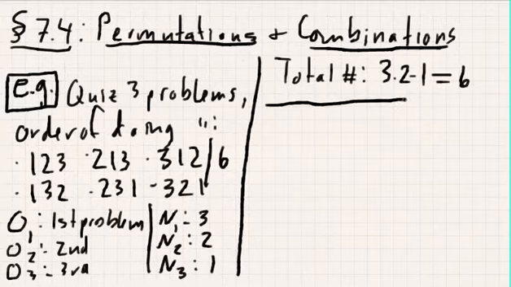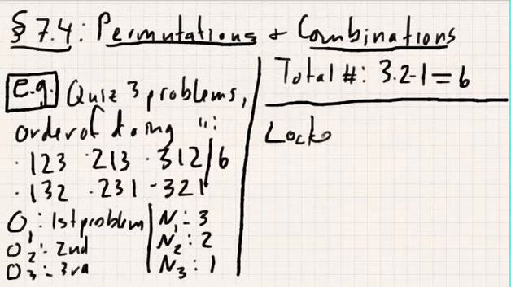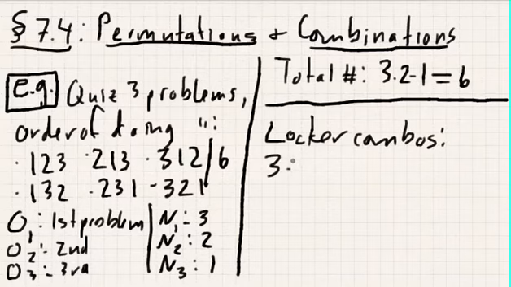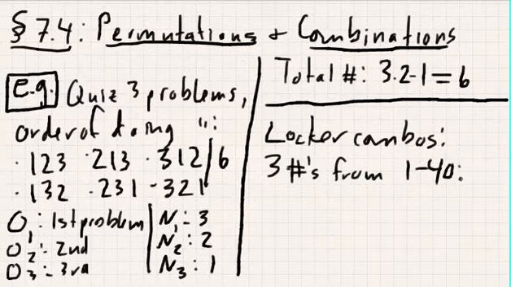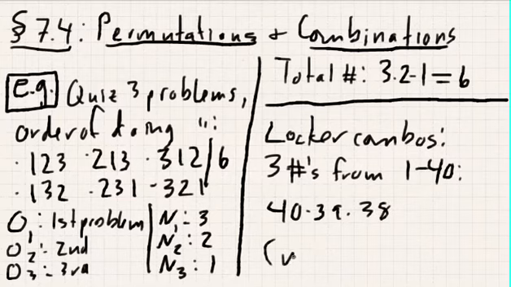Okay. Similarly, we already saw the example of locker combinations, and we saw that the total number of ways of having 3 numbers from the numbers 1 through 40 was 40 times 39 times 38. Here we're assuming no repeats.